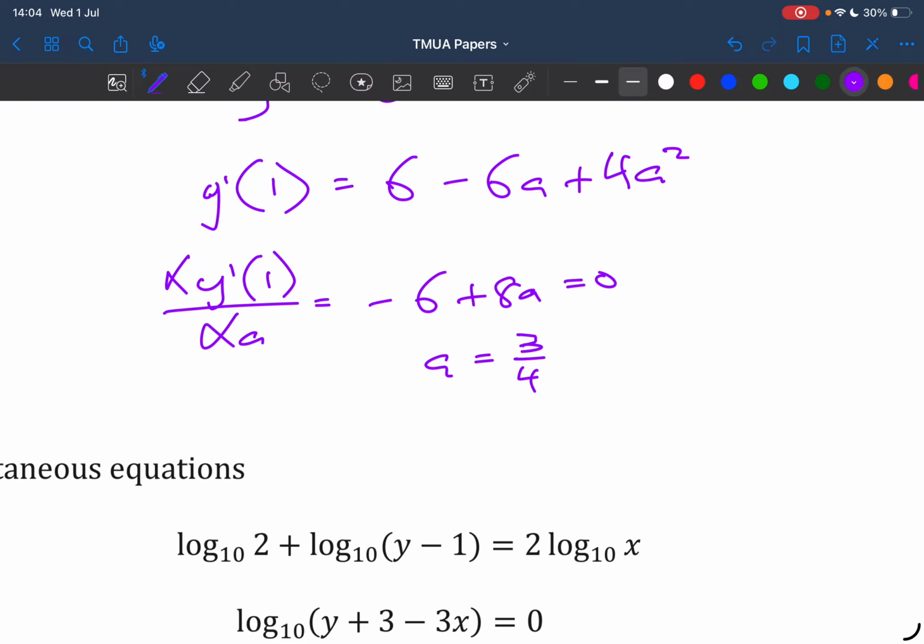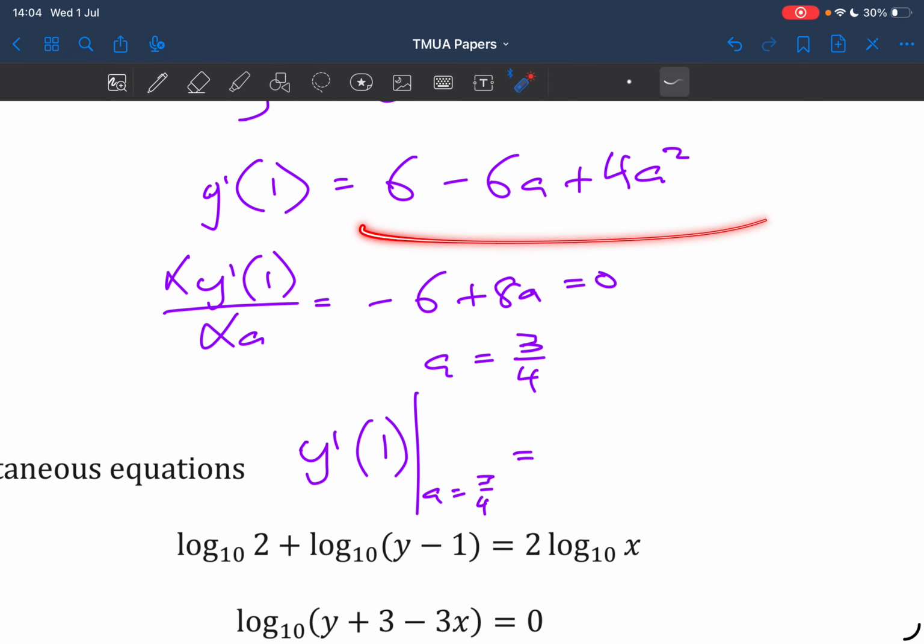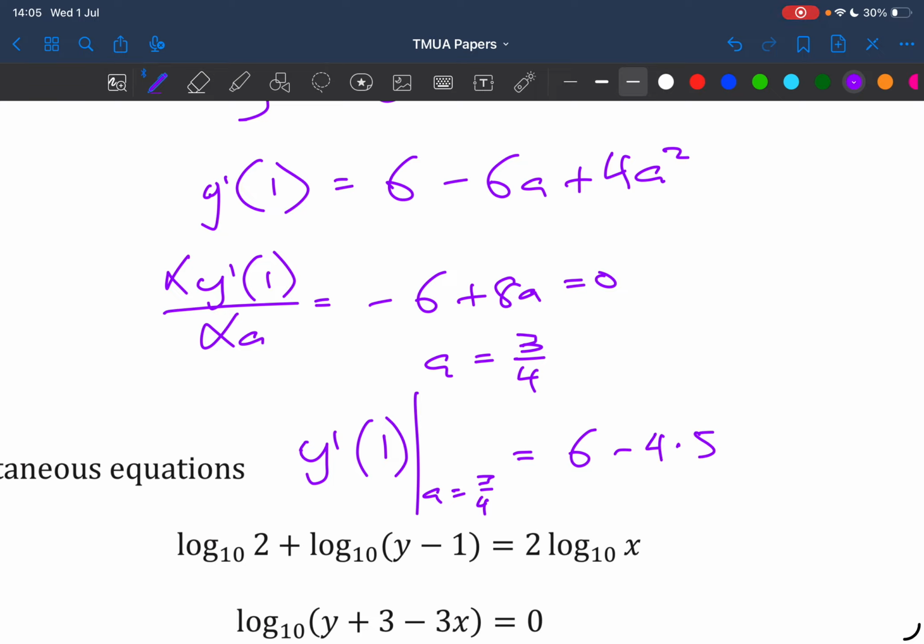Let's plug that back in then to get that gradient. So y dash of 1 evaluated when a is equal to 3 over 4. Probably not the right notation, but you know what I mean, don't you? Let's think what's happening. So I've got 6 minus 3/4 of 6, which is going to be 4.5. And then I need to do 9/16 of 4. 9 on 16 times 4 is the same as 9 on 4, which is 2.25.